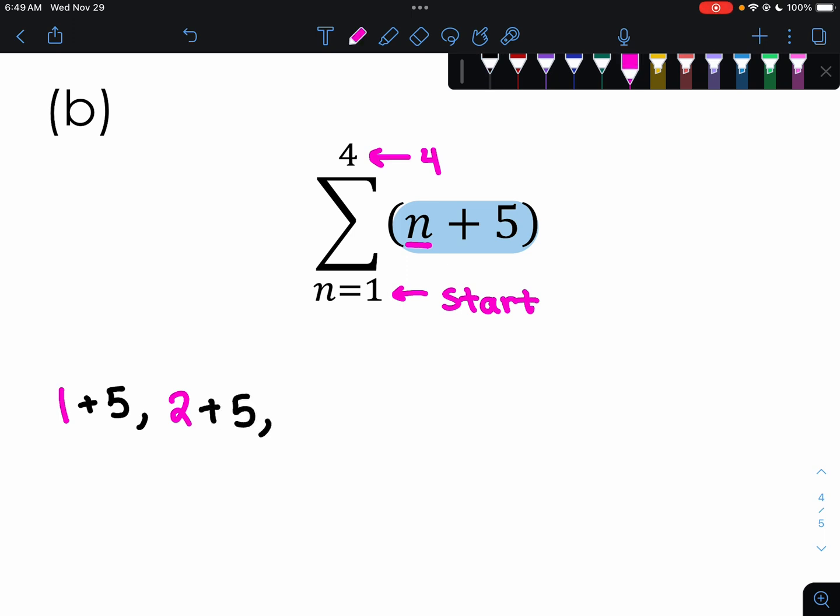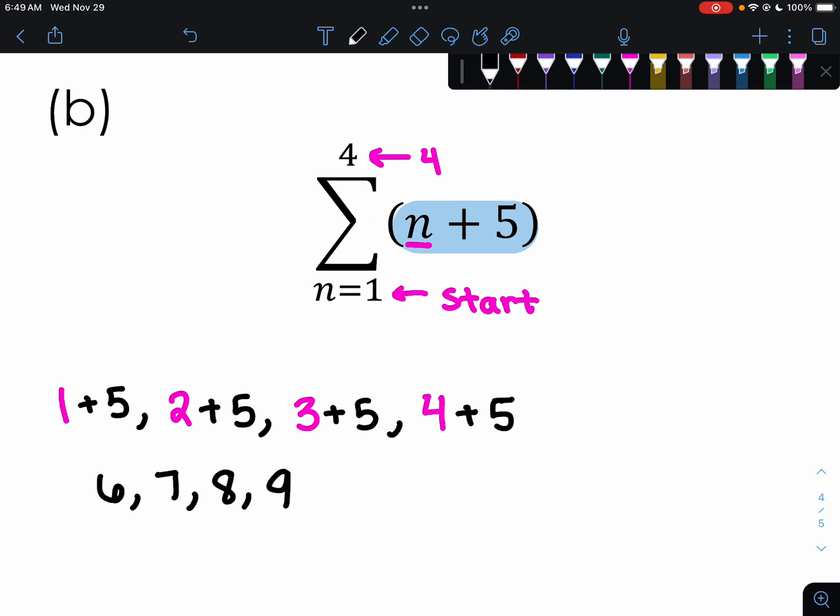Then we have 3 plus 5. Then we have 4 plus 5. So this sequence would end up being 6, 7, 8, and 9.